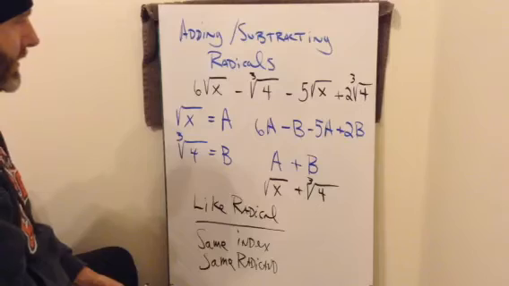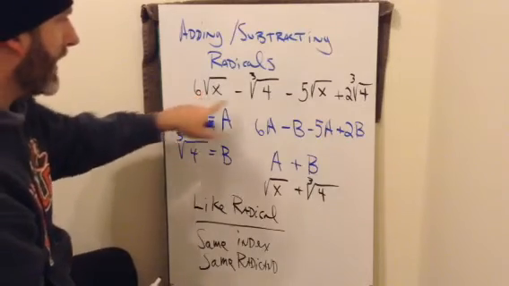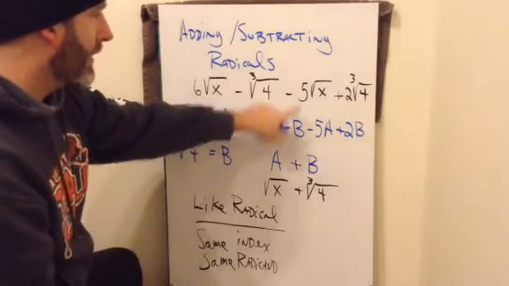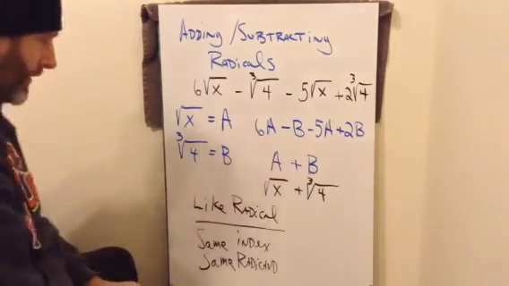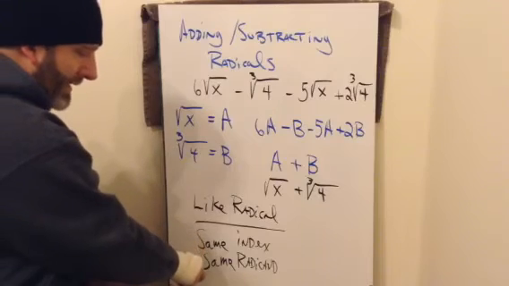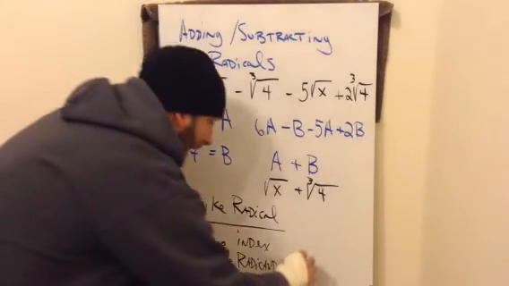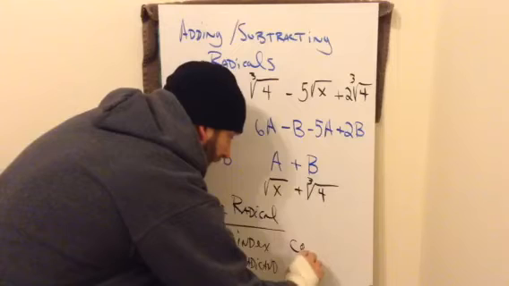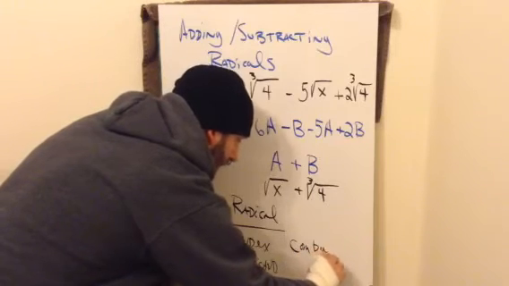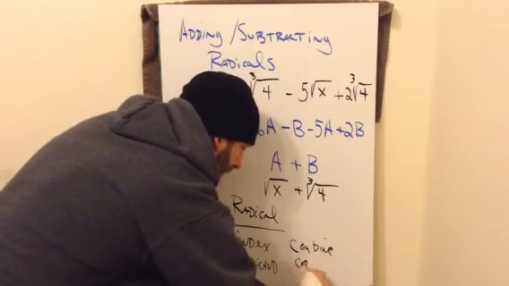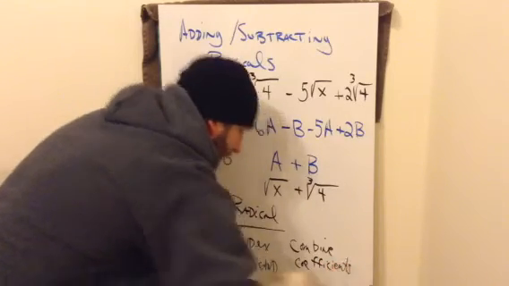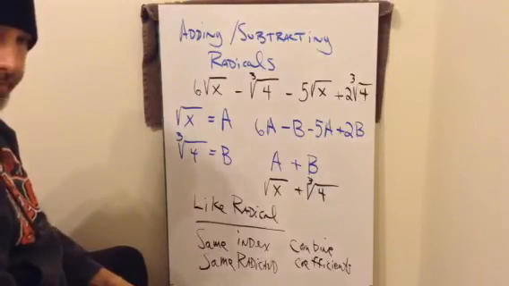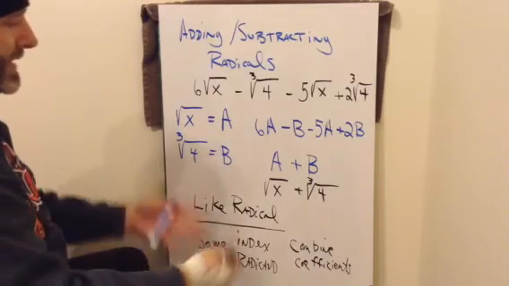When we look back at 6 square root of x minus 5 square root of x, what we actually combined were the 6 and the 5, the coefficients. So if we have the same index and the same radicand, what we can combine are the coefficients. If you recognize they are like radicals, combine the coefficients. Okay? So this gives us an introduction.